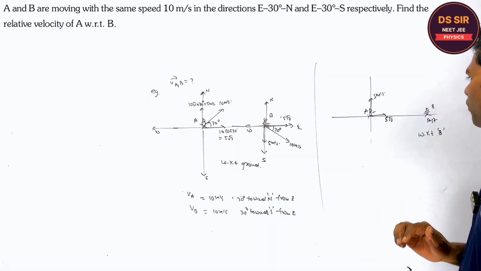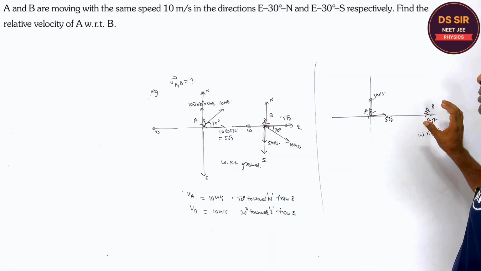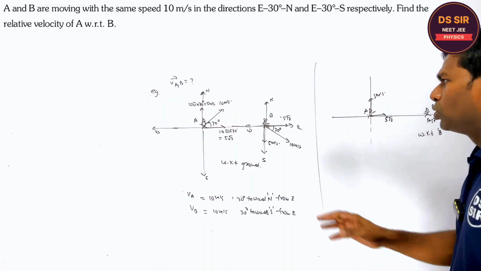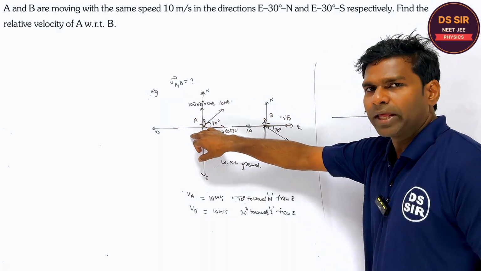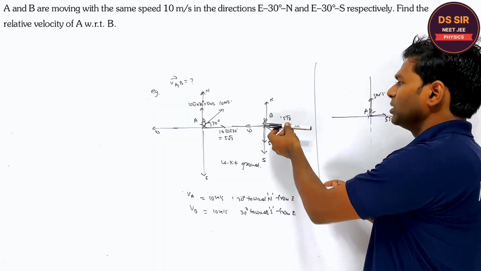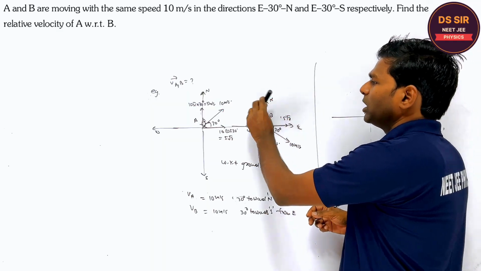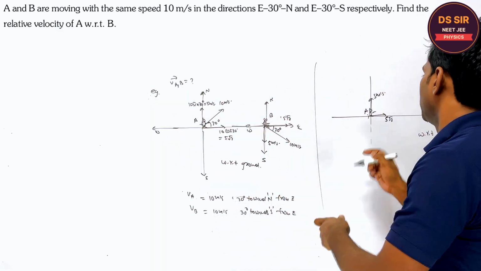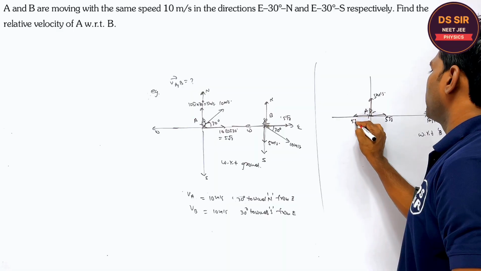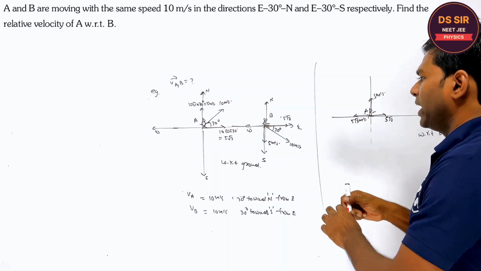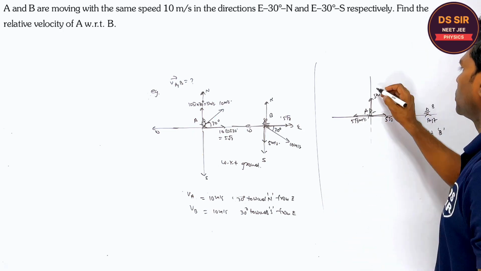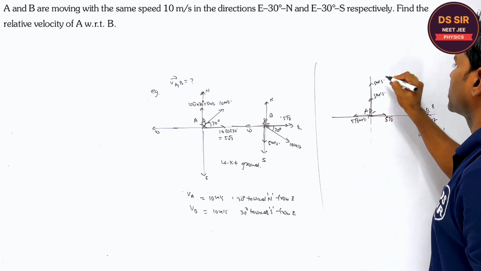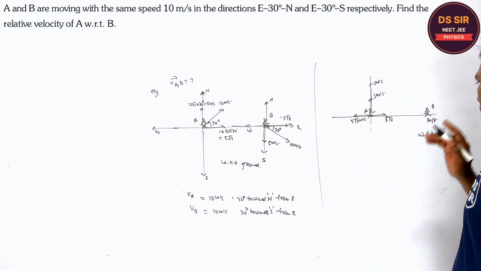Fine. So to find the relative velocity of A with respect to B, what will you do? You will transfer the velocity component of the B to the A, but in opposite direction. If this is the 5 root 3, it is transferred to the A in this direction. So this is the 5 root 3 meter per second. And this is 5 meter per second, it is transferred in opposite direction. So this is 5 meter per second. Is it clear or not?